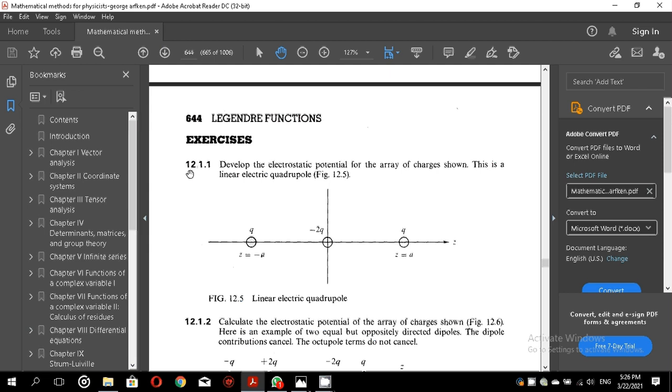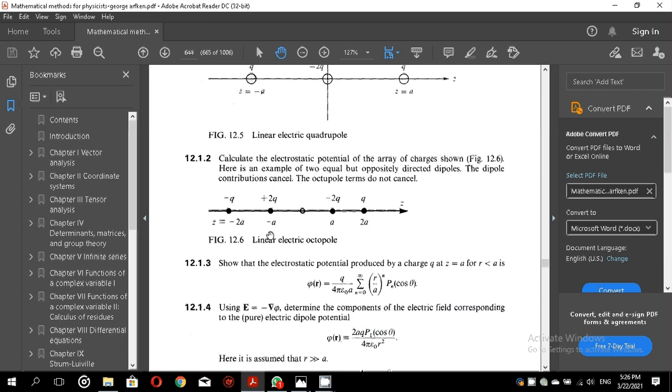Here it is given as an exercise 12.1.1, but you can see this derivation at page 9 and 10 of my notes very easily, and you can find the electrostatic potential due to a linear quadrupole given as an answer to this.